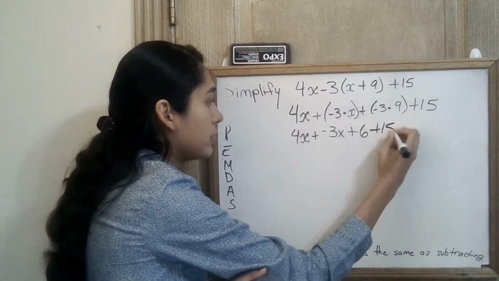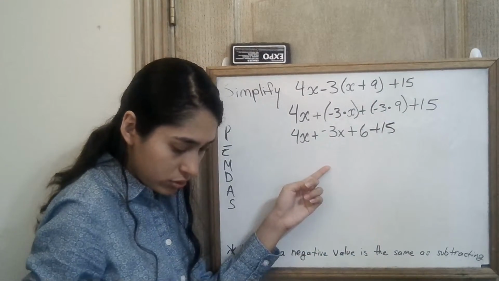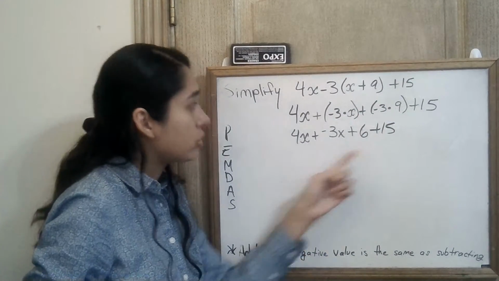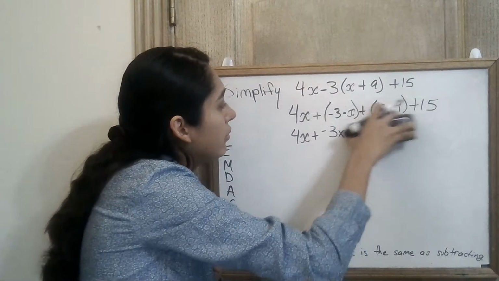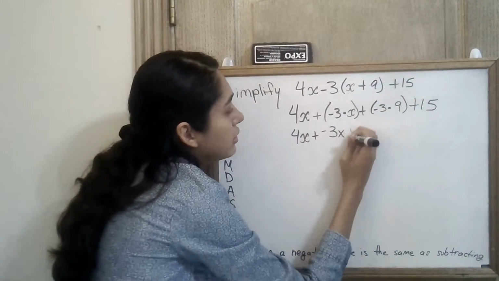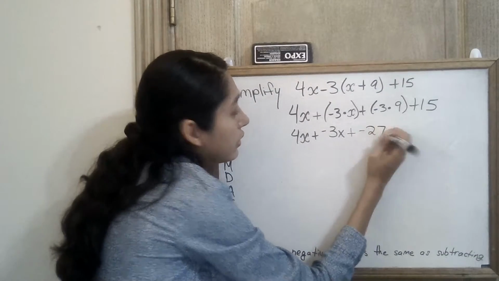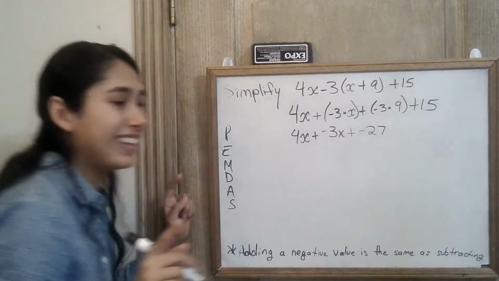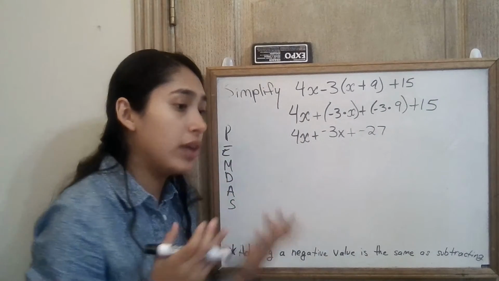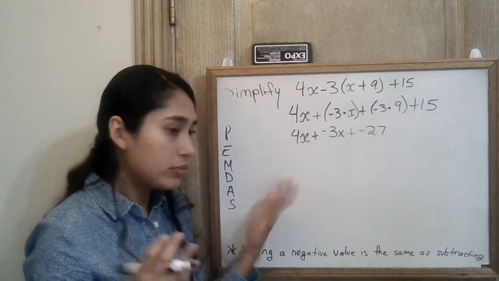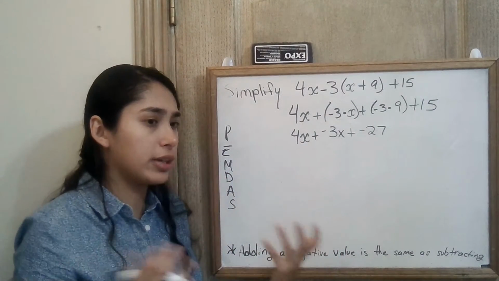Plus 15. Let me double check my math from my notes. I'm sorry, multiply, not add. It's supposed to be plus negative 27. This is very important. If I'm able to make mistakes, it's very likely that someone else can also make mistakes. So always double check your work as you're going through it.